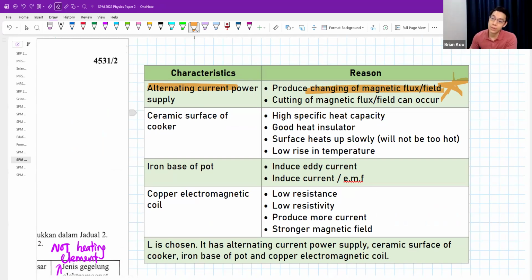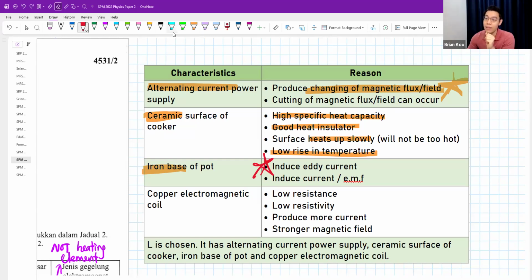Okay, another one, I choose ceramic because ceramic has high specific heat capacity. It is a good heat insulator. It's not supposed to be hot or have a low rise in temperature. The surface is not supposed to be hot. The thing that is supposed to be hot is the base. I think the whole thing, the key is here.